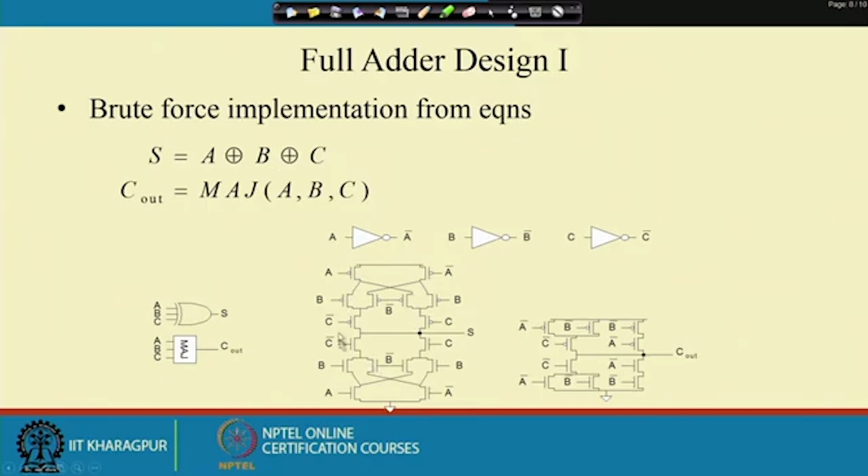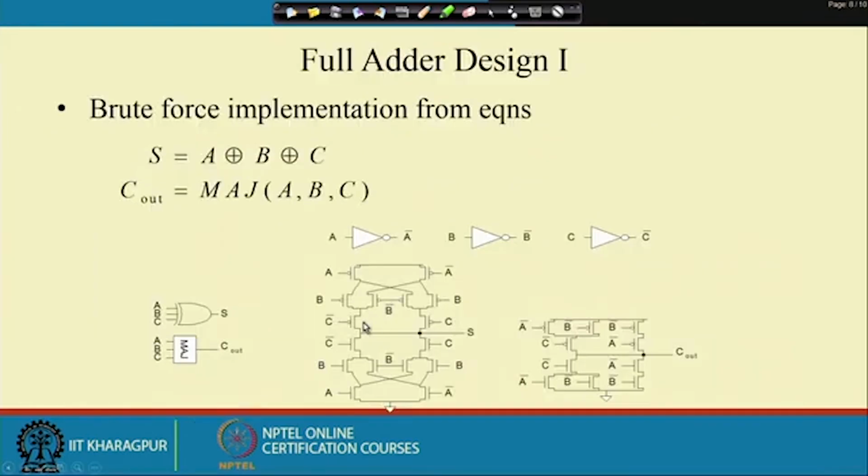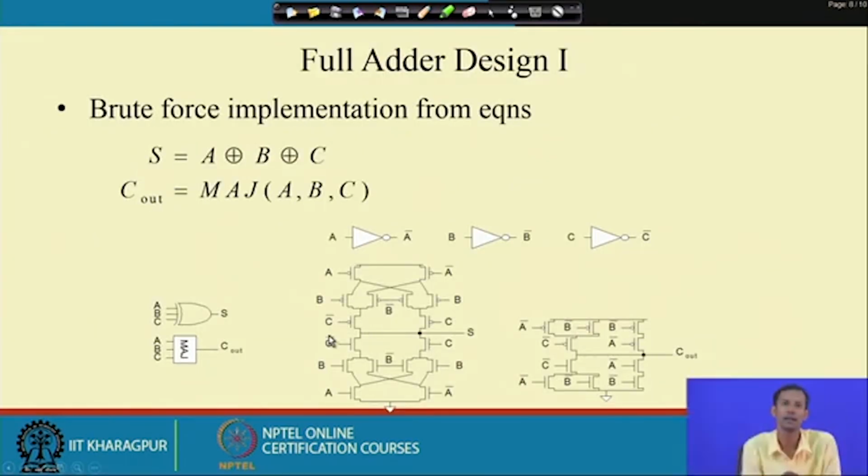Whenever I am doing transistor level optimization for one single bit operation, if I can reduce this number, let us say by 4, and I use a 16 bit adder design, then 16 into 4 means 64 transistors I can reduce whenever I implement a 16 bit adder using this particular full adder cell.